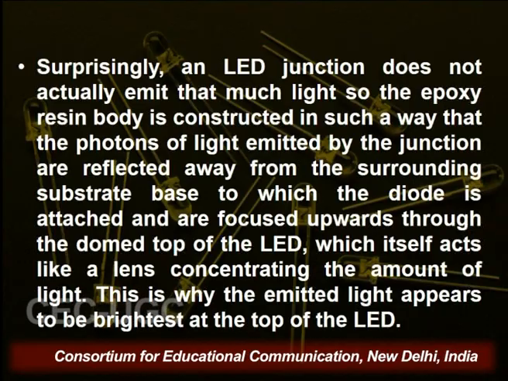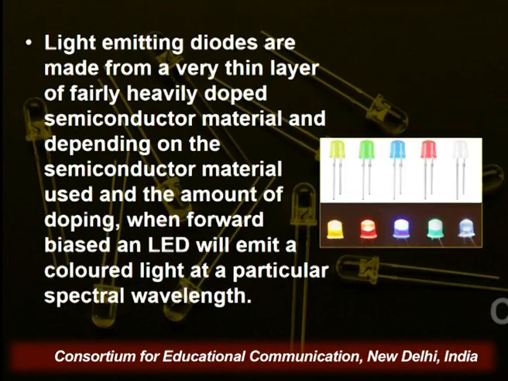So we cover it in an epoxy type of material. The LED junction does not actually emit that much light, so the epoxy resin body is constructed. As you see in the last slide, this is the epoxy body, which is also made of the same color.